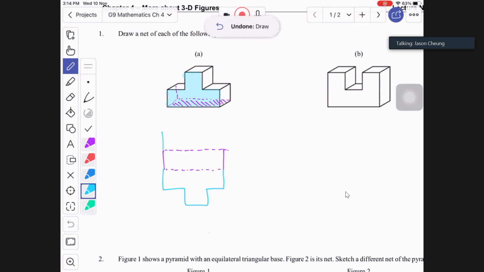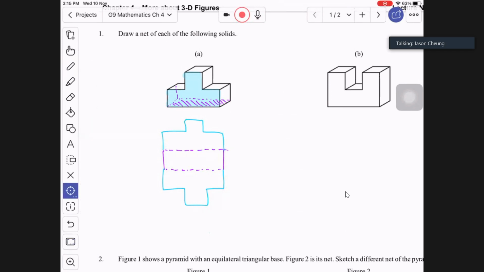Okay, almost done now. And then what we have to deal with is this face, the lateral face here. 係咪咧？我哋好似計緊個 total surface area 咁樣啦。But I will try to draw it one by one.